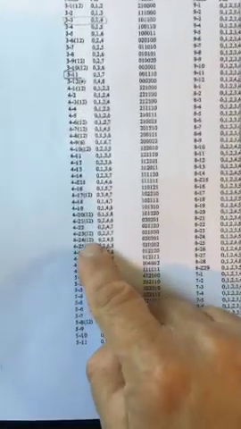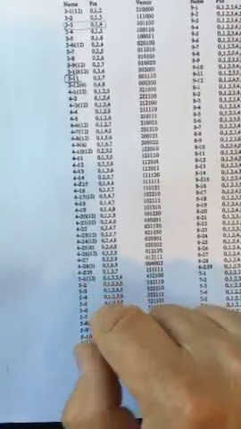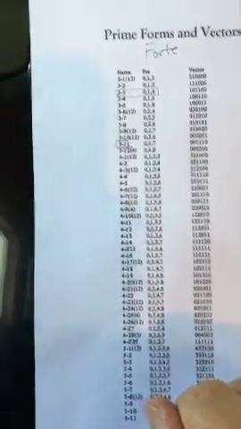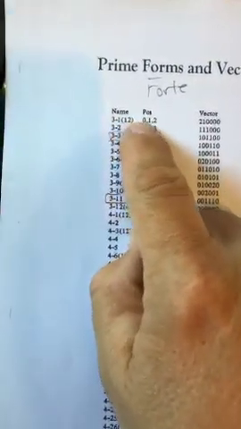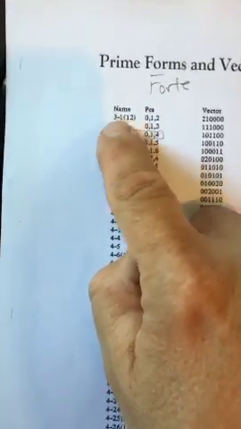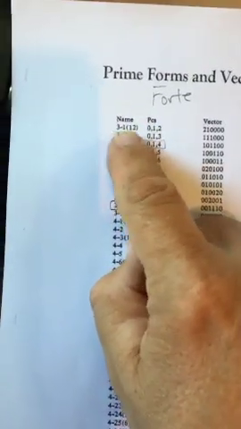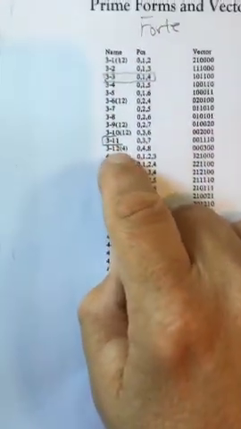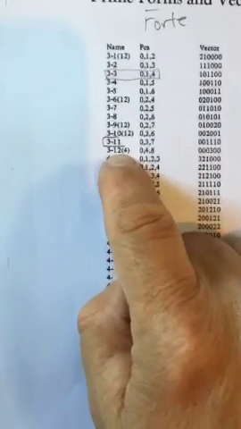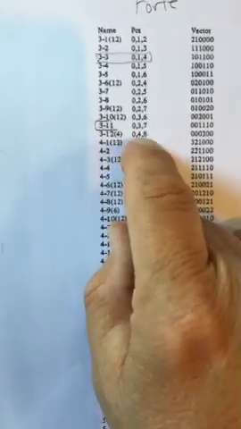Most of them are 12, some of them are 6, 3, and even 2. I'll tell you what this means. This simply means that there are only 12, instead of 24, unique pitch class sets in this set class. In the case of 3-12, there are only 4 unique pitch class sets within this set class.